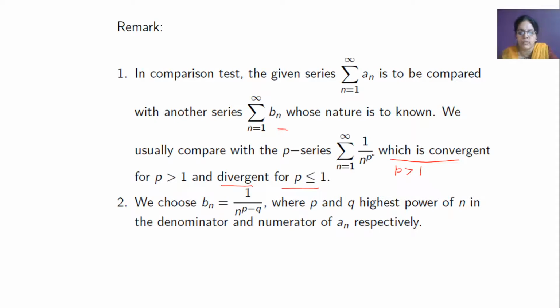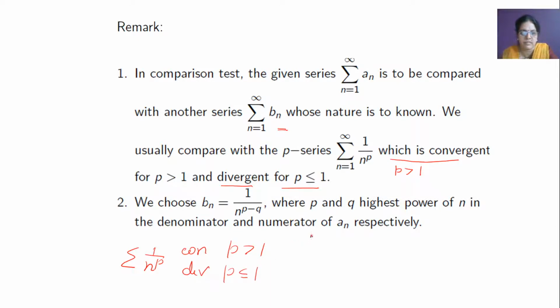We shall prove it later using the integral test, but at present you should know sigma 1 by n power p. It's a very important theorem. It is convergent if p is greater than 1 and divergent if p is less than or equal to 1.